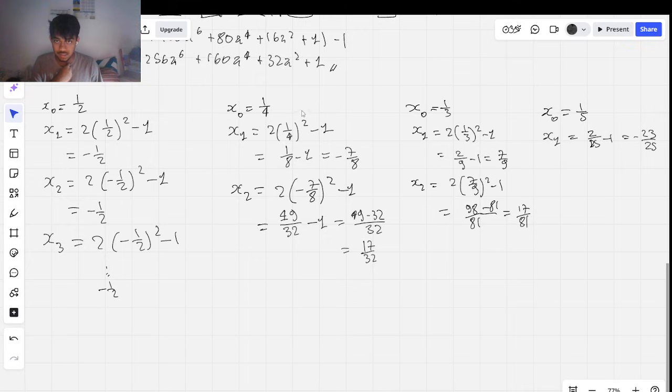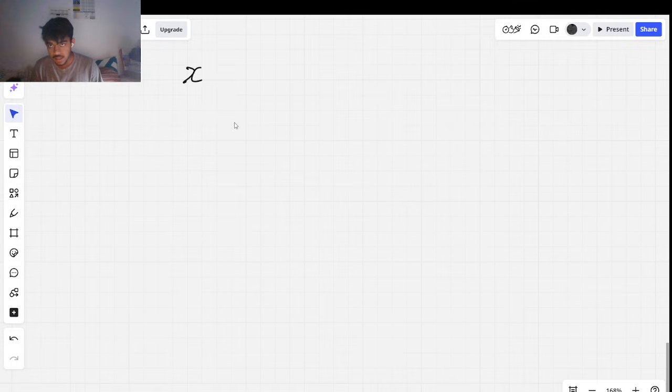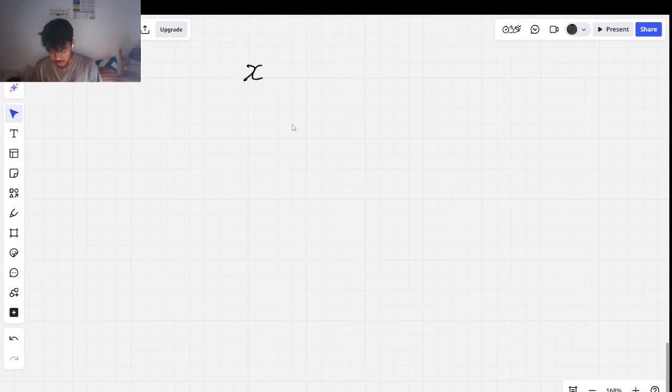A quarter is also interesting if you compare it to a third. But I do think I should see what happens with numbers that are larger than a half but less than 1. So x naught is equal to something larger than a half, less than 1.